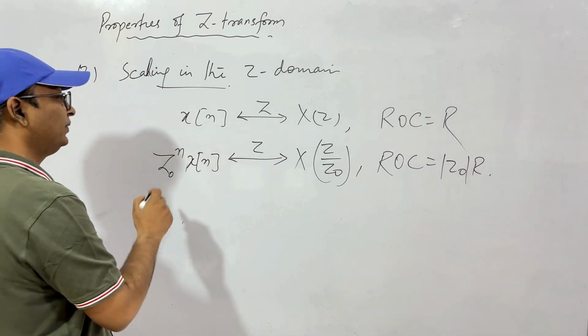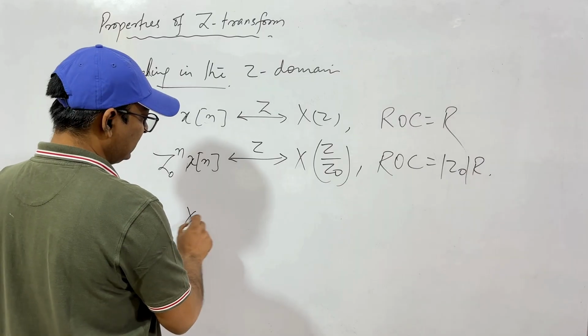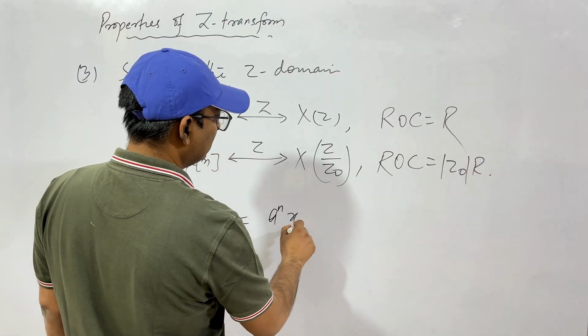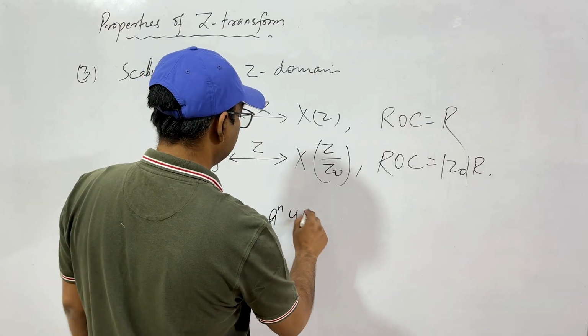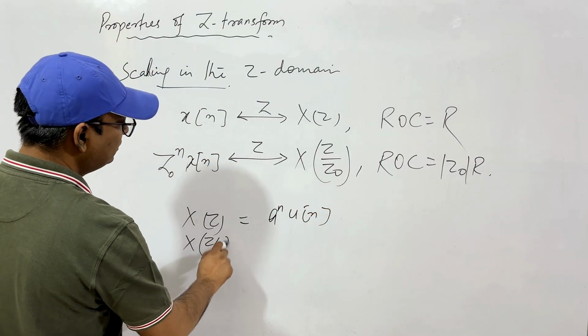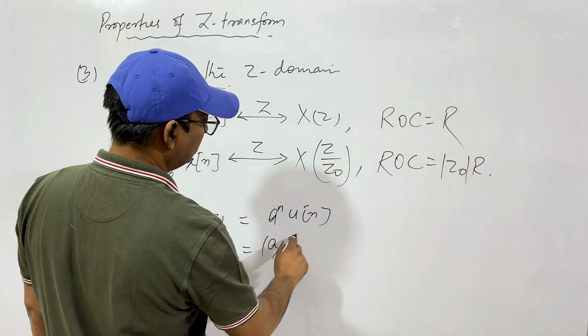For example, if you know that for, let's say, we have certain X(z) for which the sequence is a to the power n u[n]. We have seen this. Then if it is X(z by 2), then this will be (a by 2) to the power n u[n].